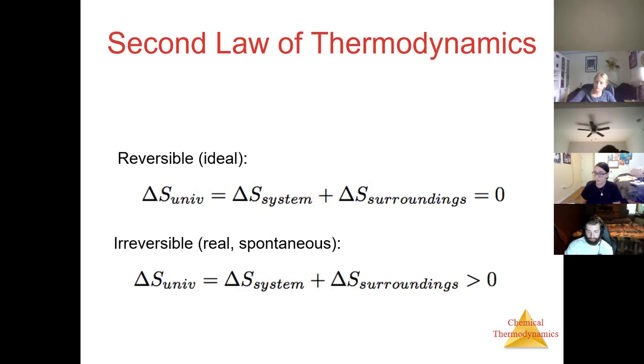Irreversible, spontaneous, my delta S of my universe is going to be greater than 0. Important concepts. You have to get these down. If delta S is positive, you have a spontaneous process. If delta S is 0, you have an equilibrium.